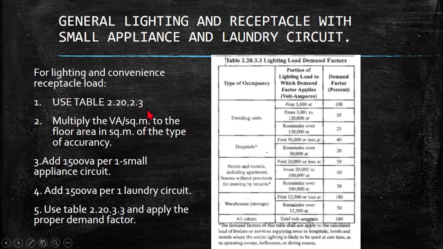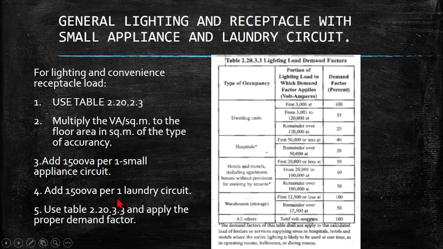So the step for doing this one is first, yung una natin ginawa, that is to get the general lighting and receptacle load, no? Yung kanina example natin. Tapos we will add 1.5 volt ampere per one small appliance circuit, no? So maglalagay tayo ng 1.5.